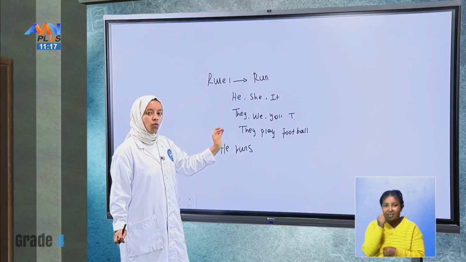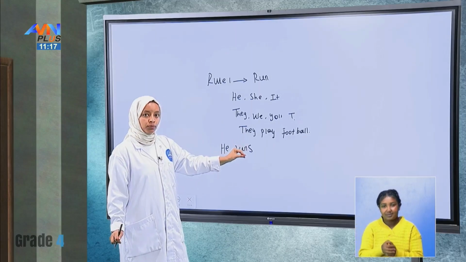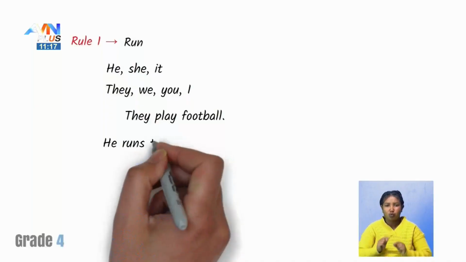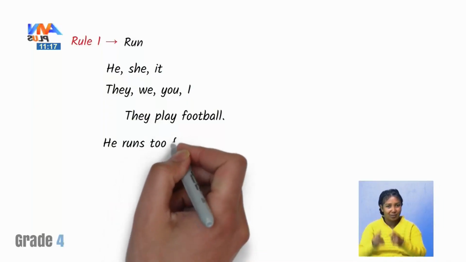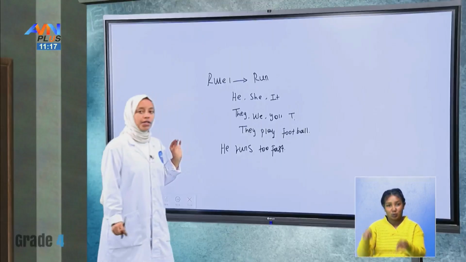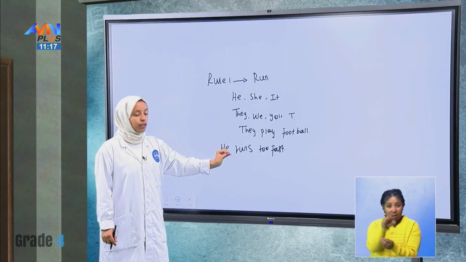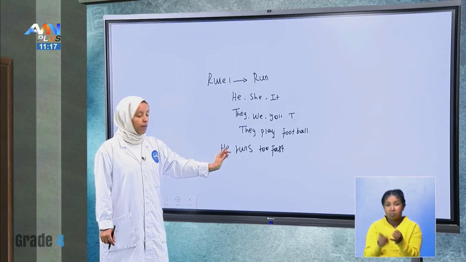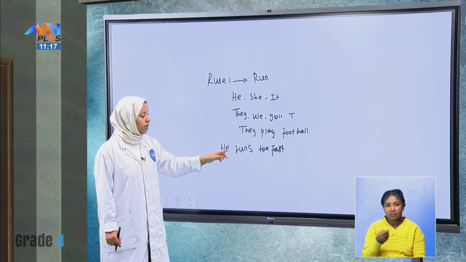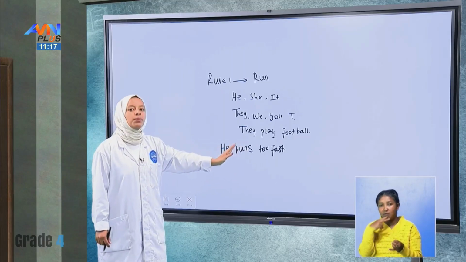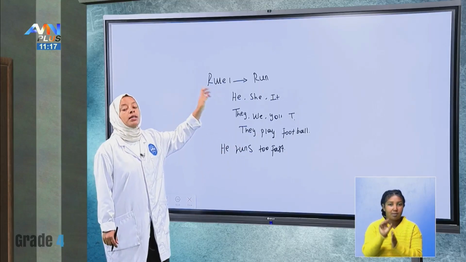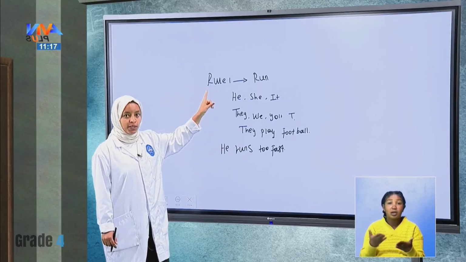He runs. Look, students, I just add S at the end of the verb. This is the first rule, number 1, from the simple present tense rules.